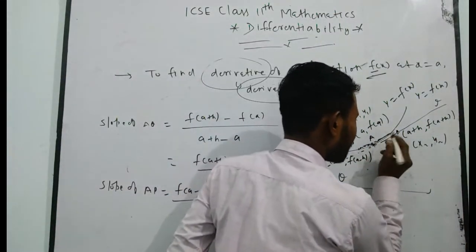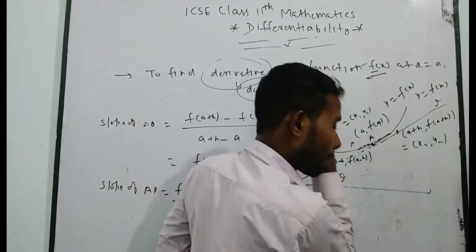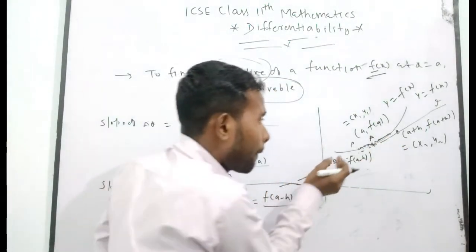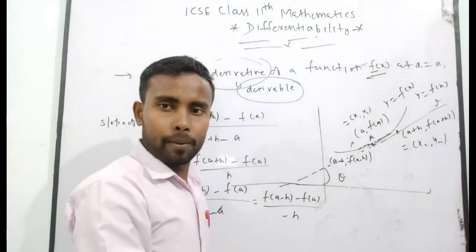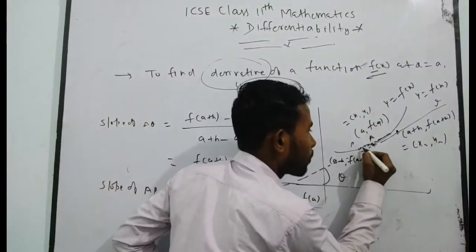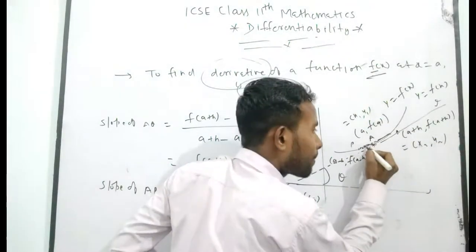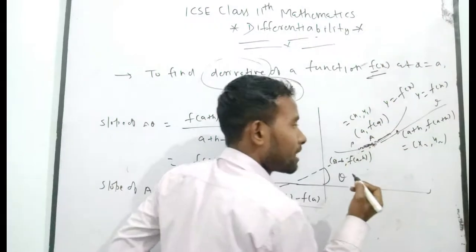Now I want to tell you another way: take P very close to A. Suppose that for a moment I have taken P here, and in that case the chord will be this. Again I have taken P here, and the chord will be this.